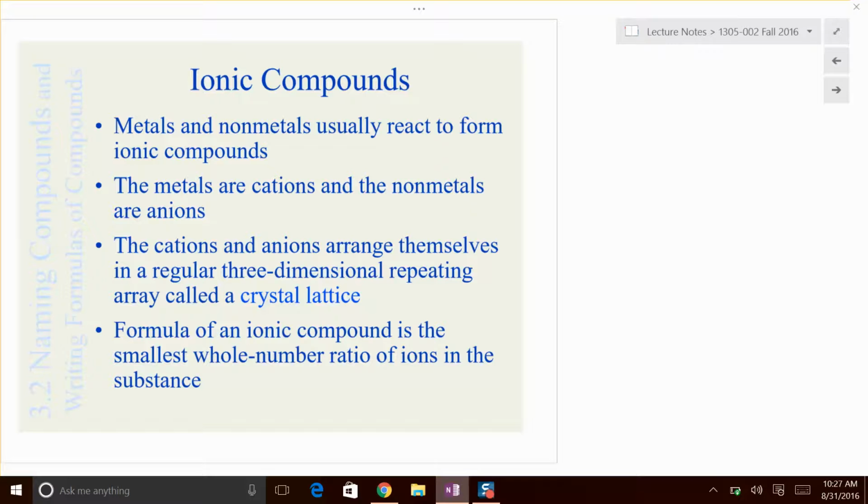That's why the first element will be the metal if this is ionic. Cations and anions arrange themselves in regular three-dimensional repeating arrays called crystal lattices. So we write their empirical formulas, not the actual number of everything that we have. The formula of an ionic compound is the smallest whole number ratio, the empirical formula. So that's how we're going to represent it.